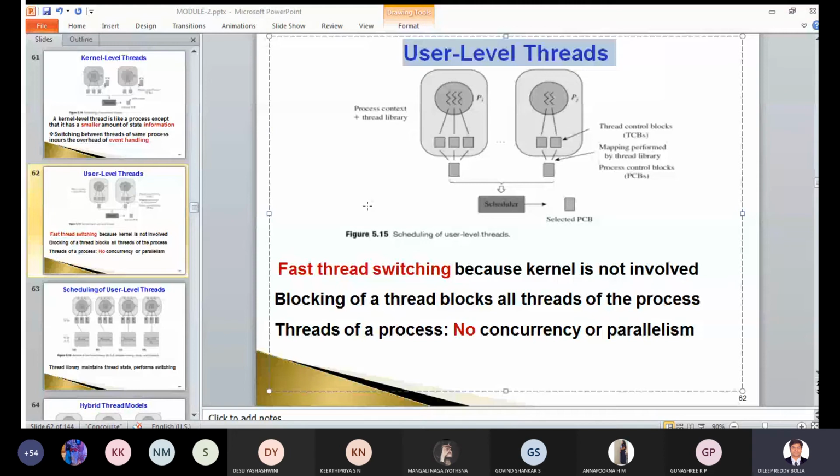I'll repeat again: user level threads are implemented by a thread library, which is linked to the code of the process, and the kernel is not at all aware of the presence of user level threads.